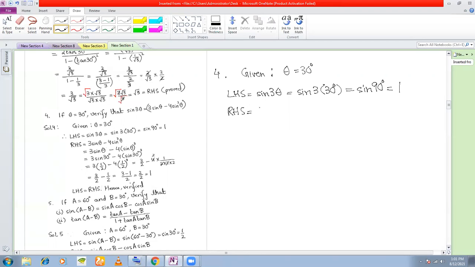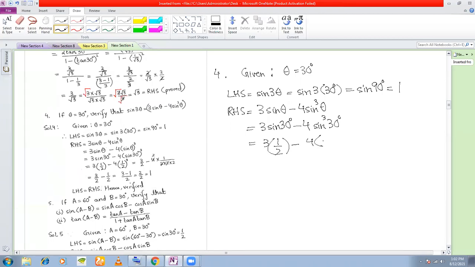RHS is equal to 3 sine theta minus 4 sine cube theta. Put the value of theta as 30. 3 sine 30 minus 4 sine cube 30. Sine 30 you know is half.